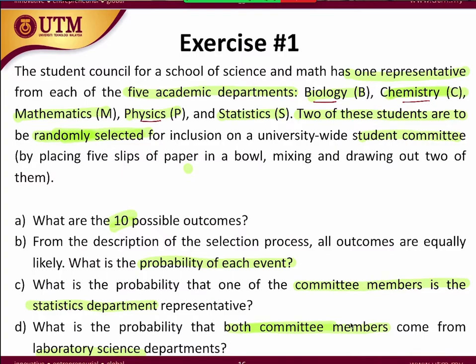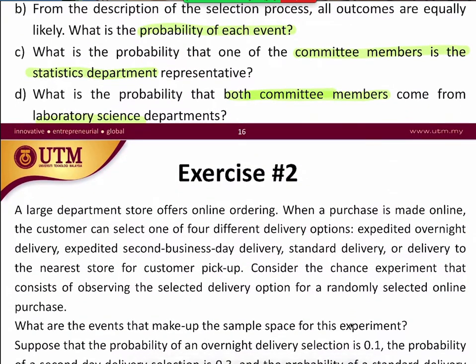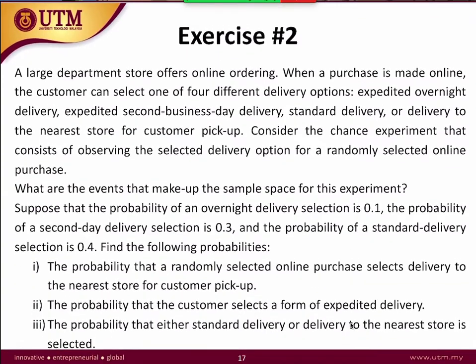We will discuss this in class. All right. Exercise 2. This one is about a departmental store. When a purchase is made online, the customer can select from 4 different options: expedited overnight delivery, expedited second business day delivery, standard delivery, and delivery to the nearest store for pickup.